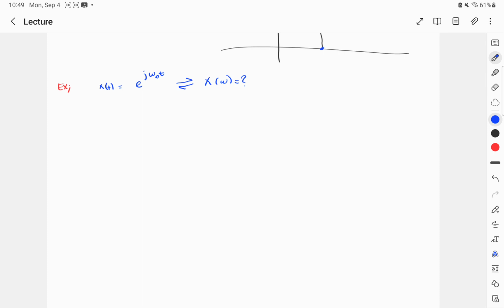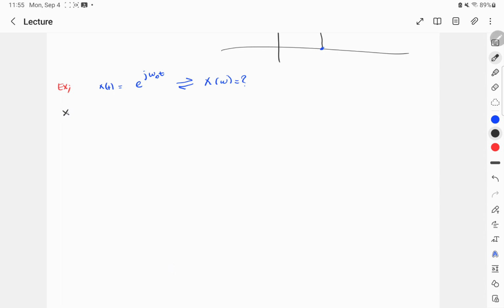That we should be able to integrate its absolute value or its square absolute value. Since it does not converge, we need to use another technique. What are we going to use here? So how are we going to find the Fourier transform if we cannot use our formula?